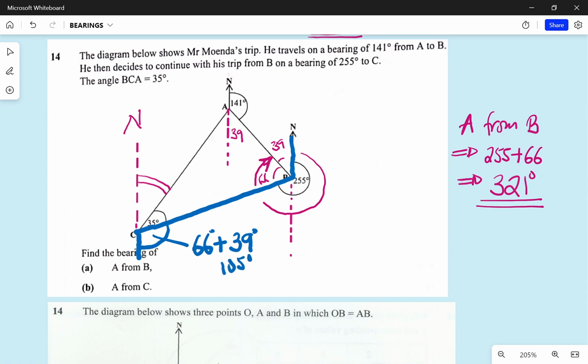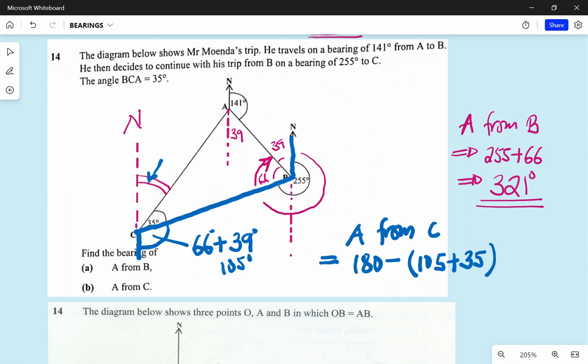Now 105, to find this angle here, we are simply going to say 180. So A from C is going to give us 180 minus 105 minus 35 there.